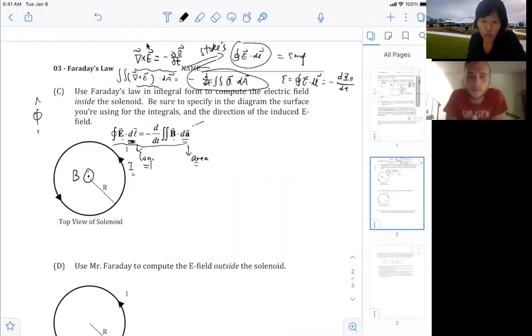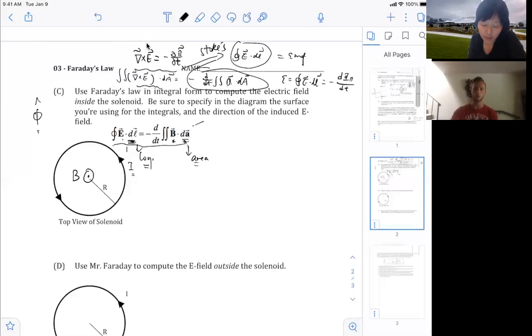So I just want to show that it's not random where you choose to orient your loop. For example, when you do B dot dA, would it make sense to have B and dA in the same direction? So your dot product becomes a positive value, right? You can do it the other way around, but how about we choose our dA to be in the same direction as B so that the dot product becomes 1.